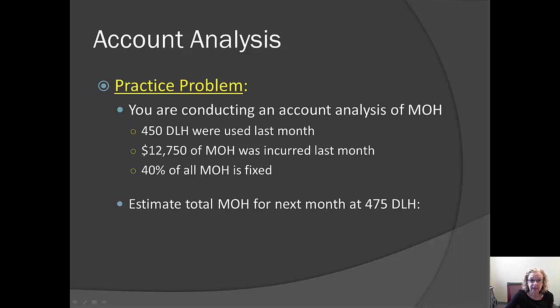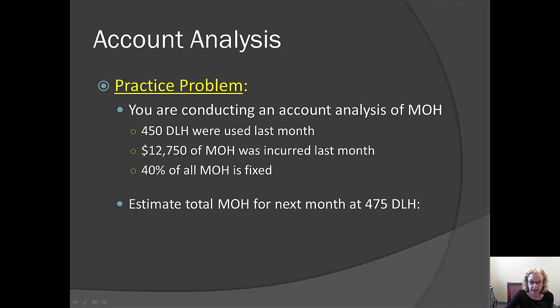So now, let's do a practice problem. You have taken a look at the overhead for your company, and you've acquired some information about how many labor hours were used, how much total overhead was incurred, and you've made an estimate that about 40% of your firm's overhead is fixed.